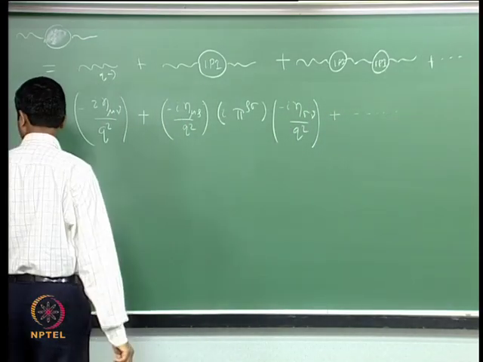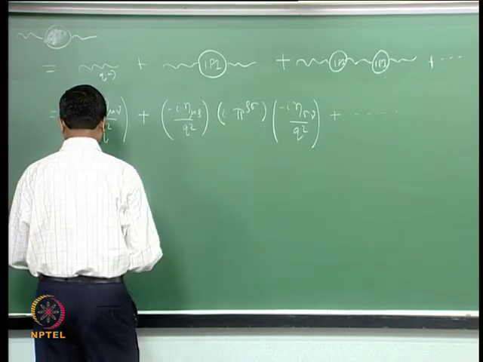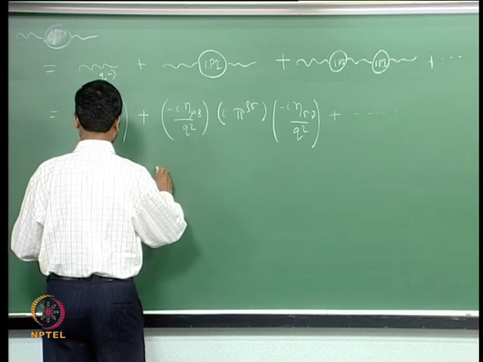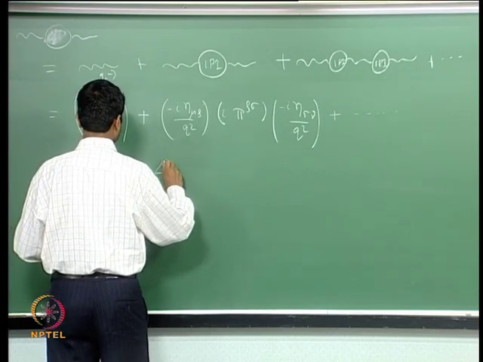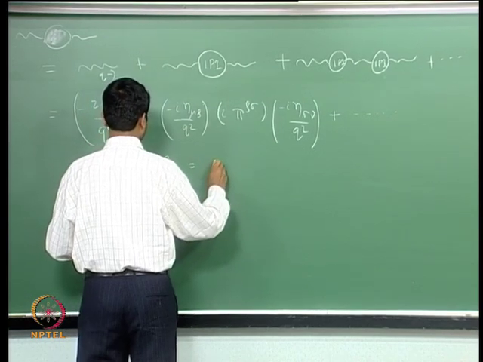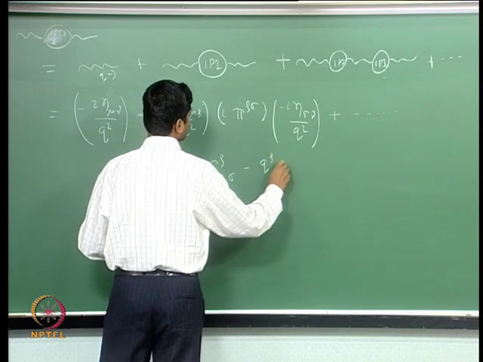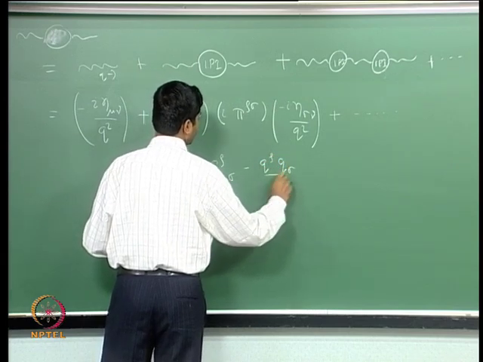Now, suppose I introduce this tensor, δ_ρσ, to be δ_ρσ equals η_ρσ minus q_ρ q_σ divided by q².